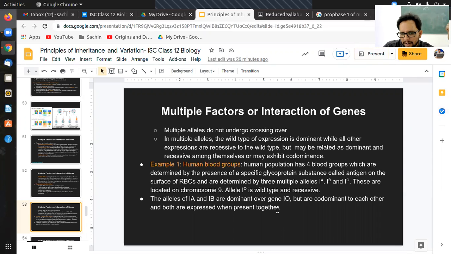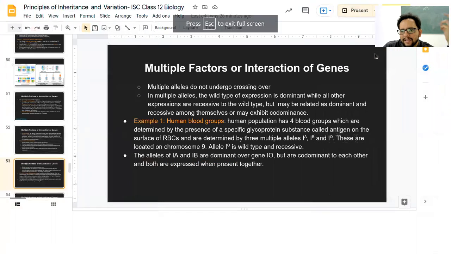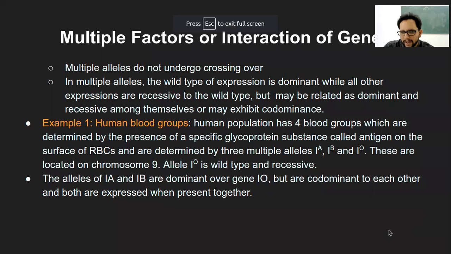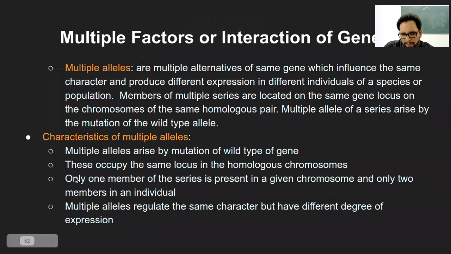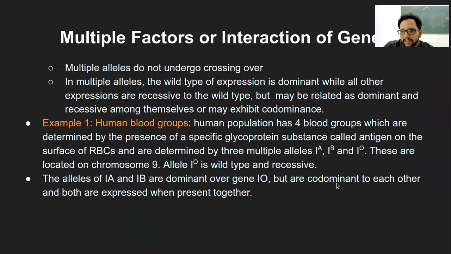Like we said, multiple alleles are present in series on one chromosome, correct? We had seen this in the third point. So if they are present in series, that means on the maternal chromosome they are present, and the other series is present on the paternal chromosome. Now, when they are crossing over, they can only cross over with each other. They cannot cross within the same chromosome.